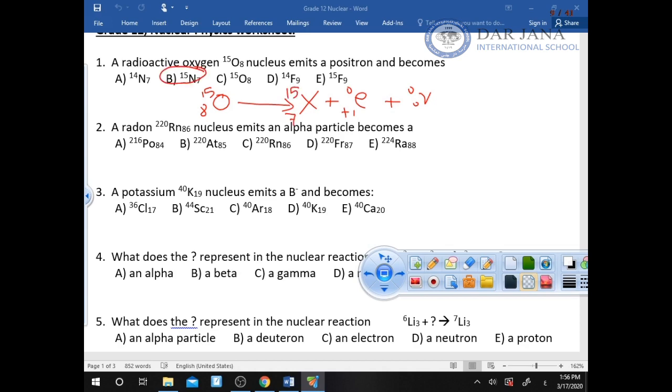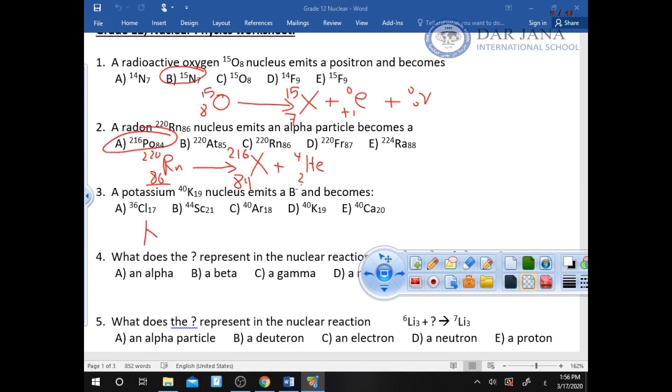This is very simple. Radon, Rn, 86, 220. It's emitting an alpha particle, helium 2, 4. So what will we have here? Unknown element. It is 2. 84 plus 2 is 86, and 216. So the answer is polonium.